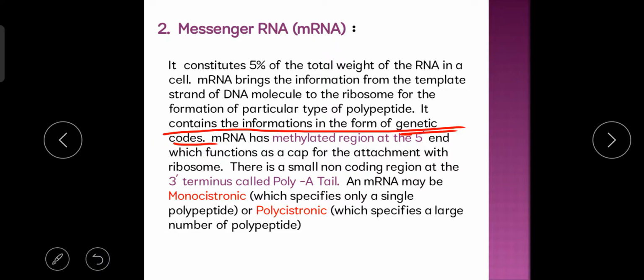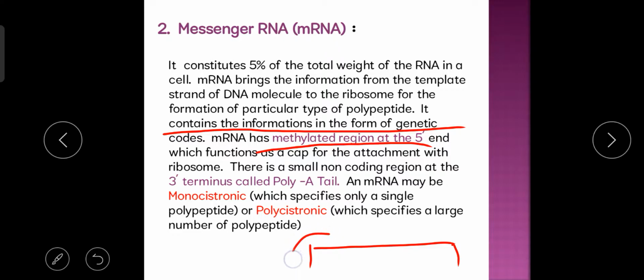Okay, next. The messenger RNA has a methylated region at the 5' end. So all the RNAs are single stranded. Suppose this one is the messenger RNA. So messenger RNA also has two ends. Suppose this one is the 5' and this one is the 3'.